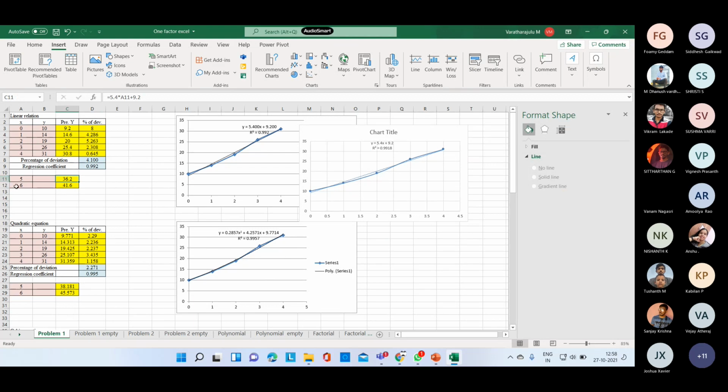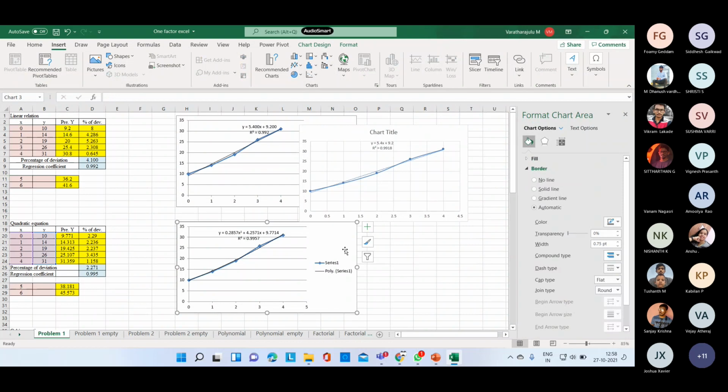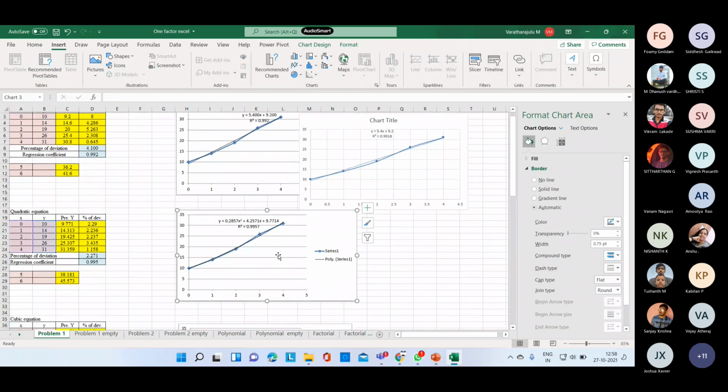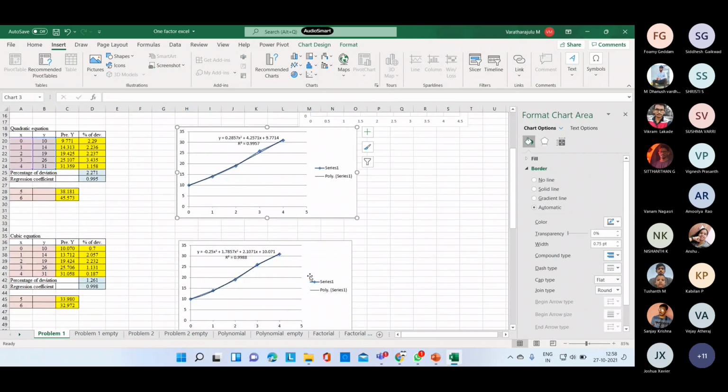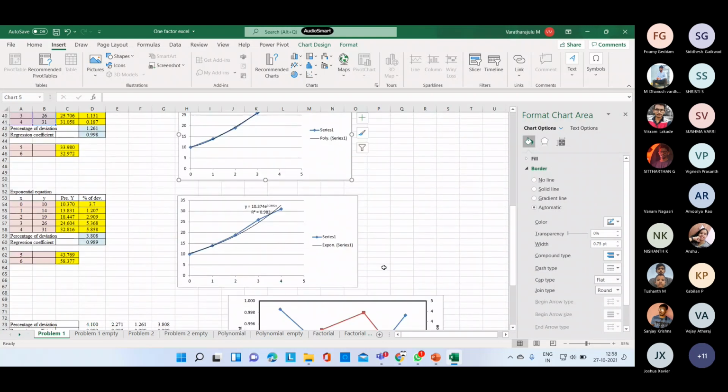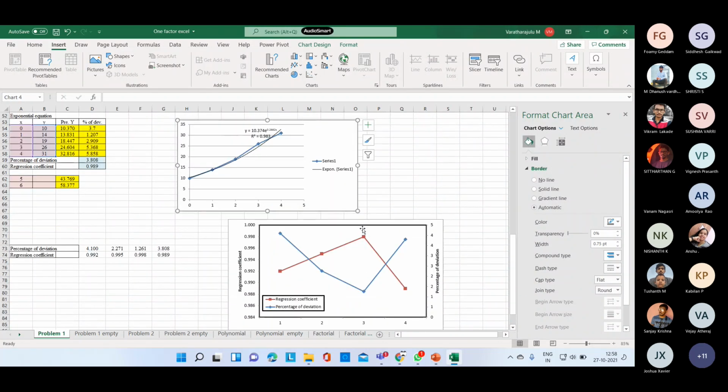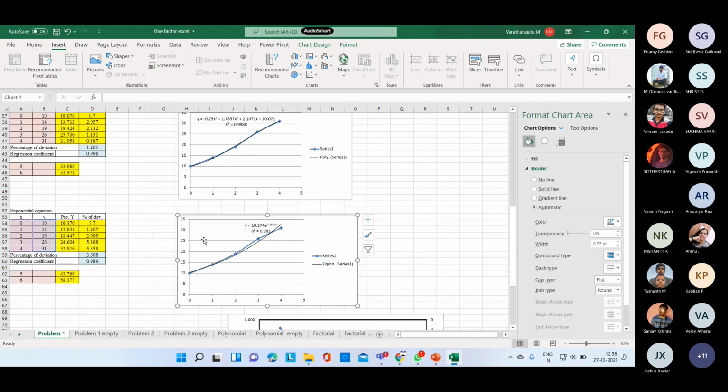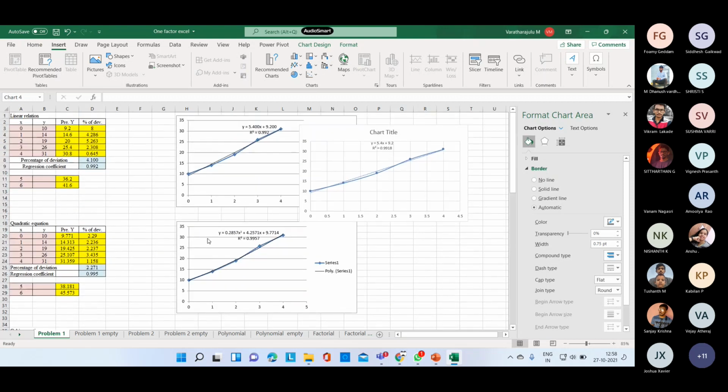If your x is 6, then what is your y? That is what we can do. That is prediction or forecasting or whatever it might be. So you try with Excel, and in a similar fashion you can do quadratic, cubic, exponential, moving average, etc. You can do wonders with Excel.